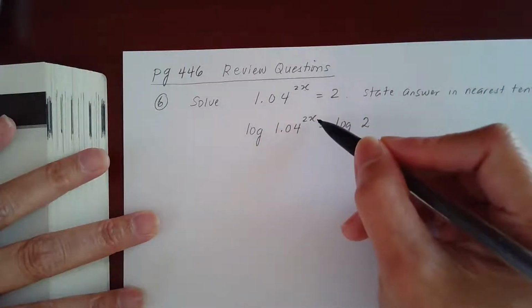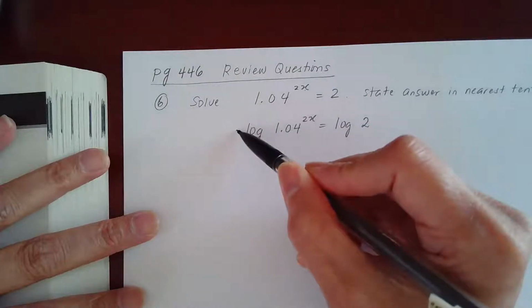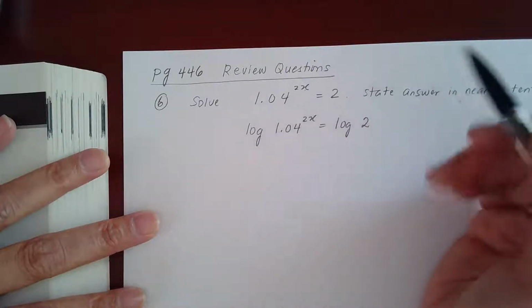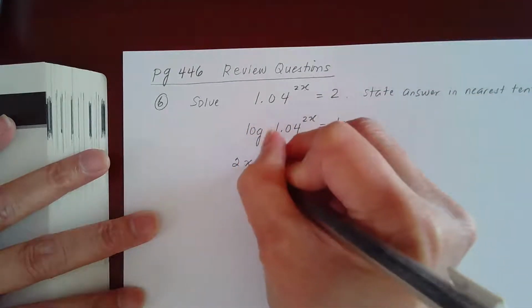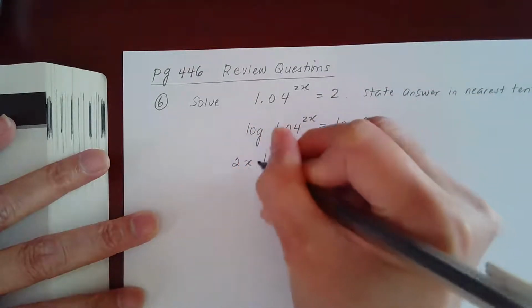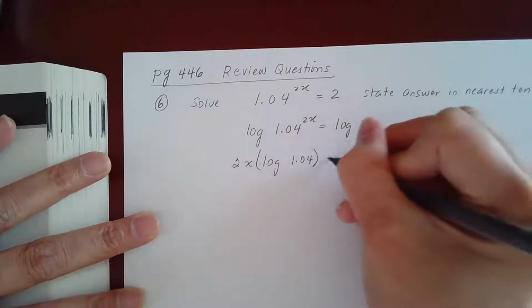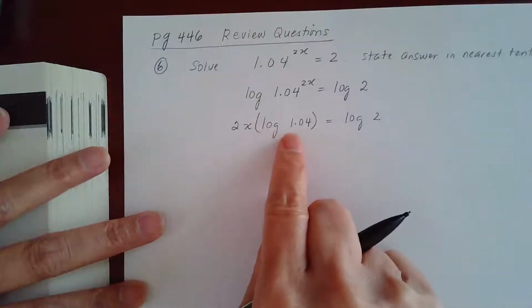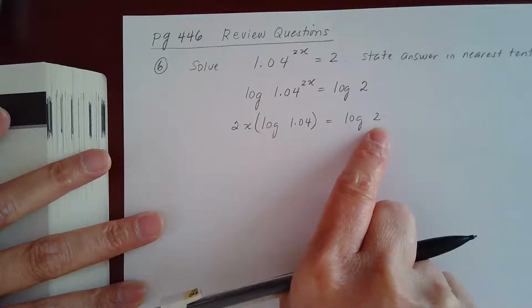Now we apply the logarithm rules, where the exponent 2x goes to the front, multiplied with the logarithm of 1.04. So 2x times log of 1.04 equals log of 2. Log of 1.04 is just a number, and log of 2 is just a number.